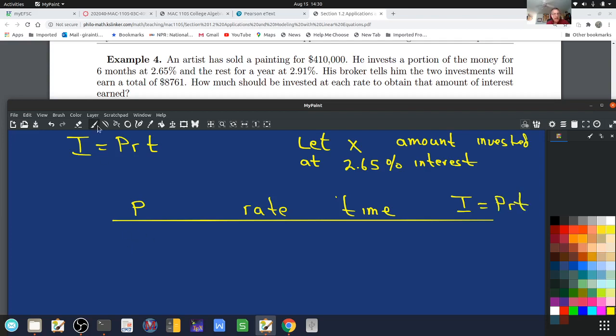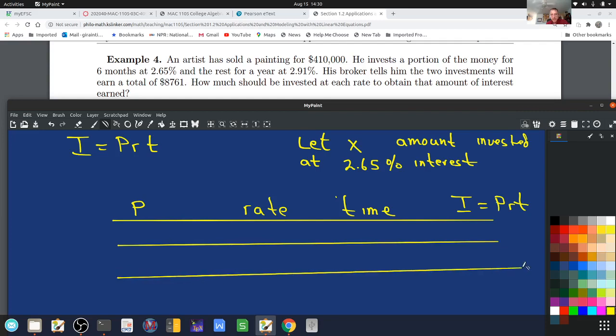So we have two amounts, right? Our first amount that we're going to invest, in this case principal, is going to be the amount invested at 2.65% interest.